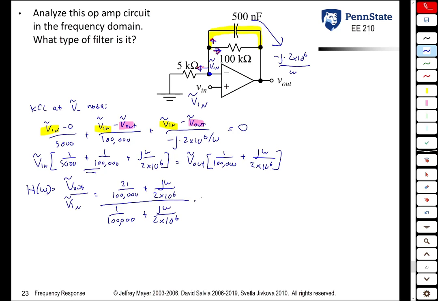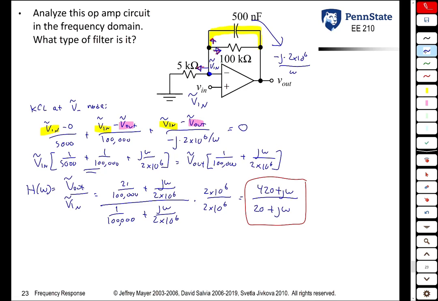Let's multiply both the numerator and the denominator by 2 times 10 to the 6th. And this now becomes 420 plus j omega over 20 plus j omega. And this becomes our transfer function.